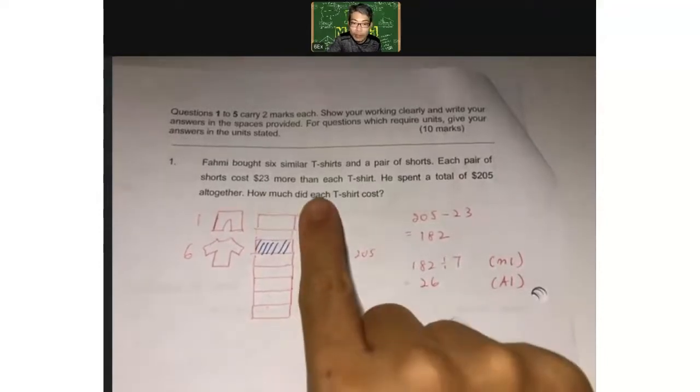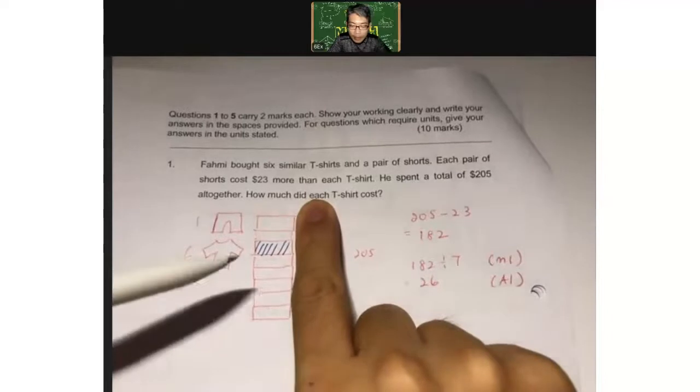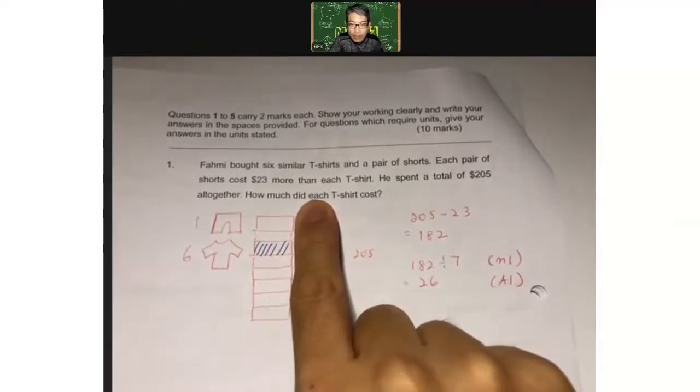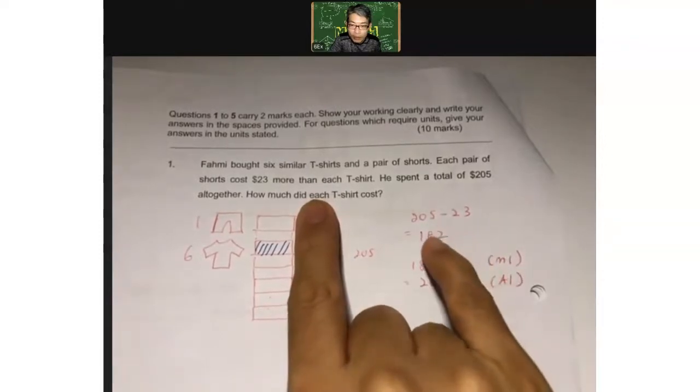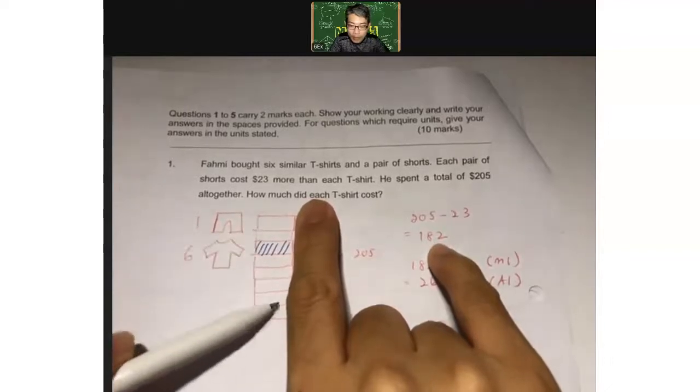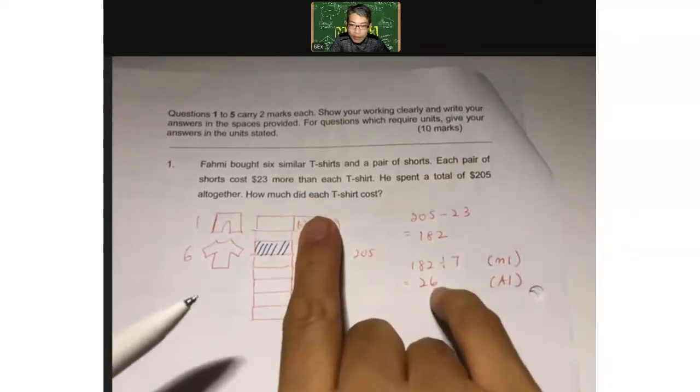But if I take away 23, I will be left with 1, 2, 3, 4, 5, 6, 7 equal units. So the first step is to subtract 23 from 205 to get 182. That is equivalent to 7 units, and we divide it by 7 and we get the answer.